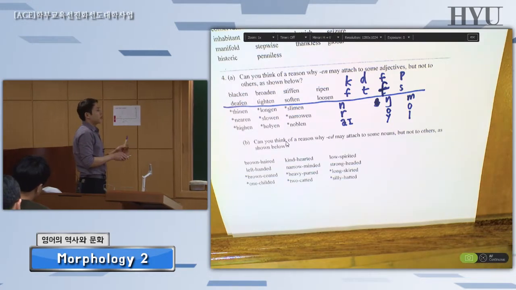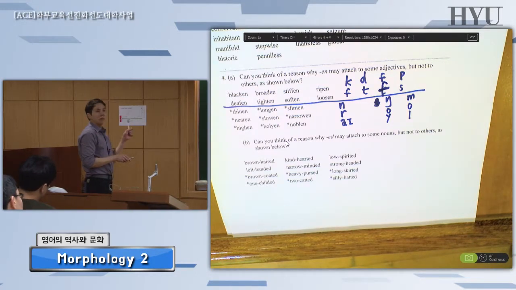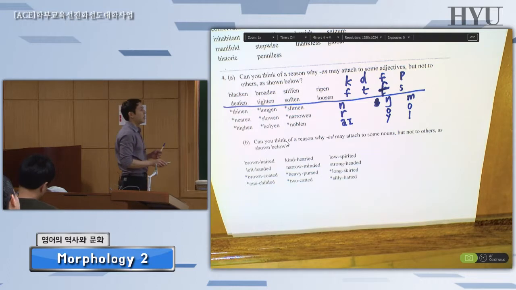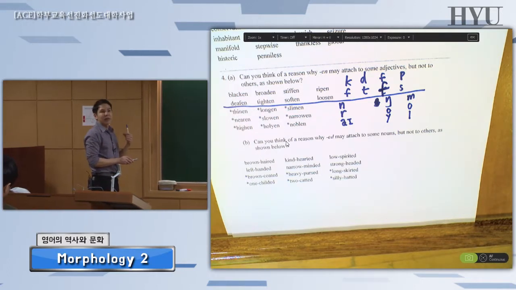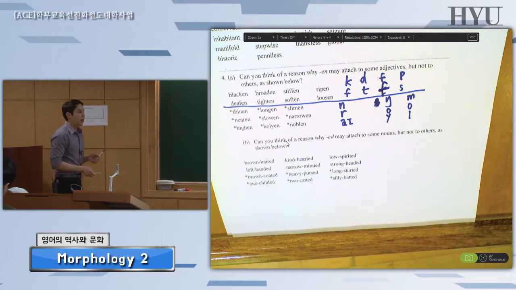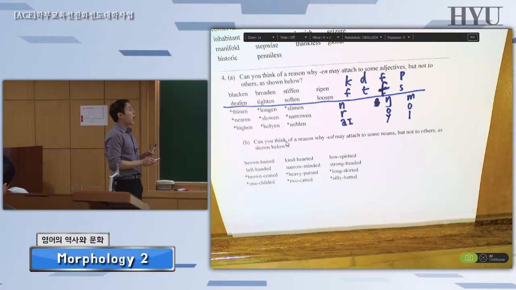Now, for the ones that you cannot have or people don't say: thinnen, N; nearen, R, right? Highen, the sound is I, not H, because we don't say highen. High, I, a vowel. Long is N with the tail, okay? We don't say longen.